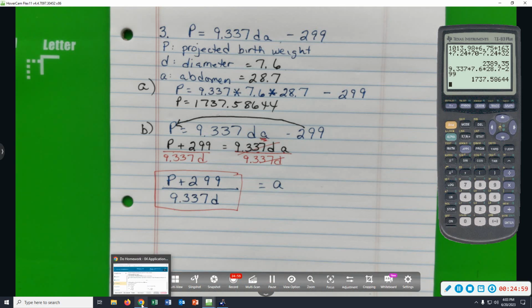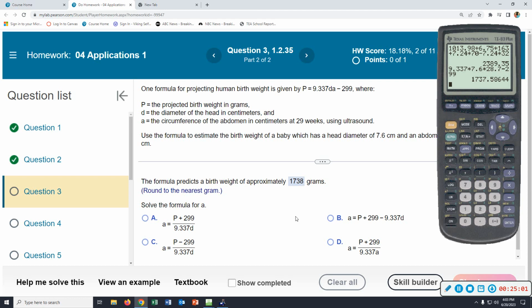Let's see. Don't let the fact that they put the A equals throw you. It's the same thing. Which one is P plus 299? Is it A? Yeah, it is A. You've got to look really closely on that.